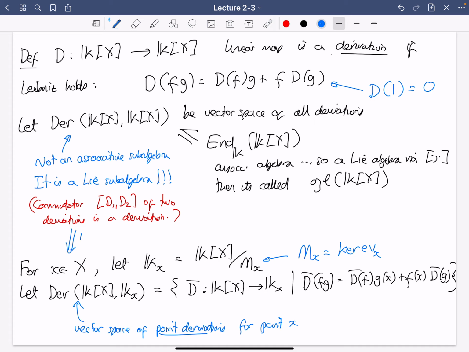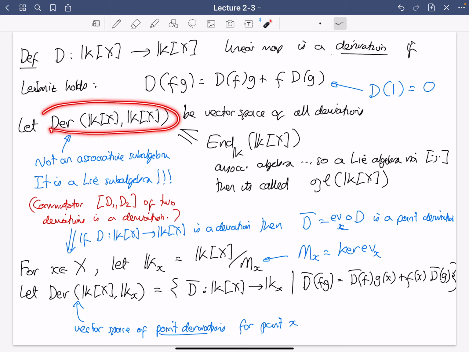I think it's kind of clear that if d is a derivation, then if you define d bar just to be d composed with evaluation at x, that is a point derivation. Okay, so I've got this Lie algebra of all derivations of k[X].